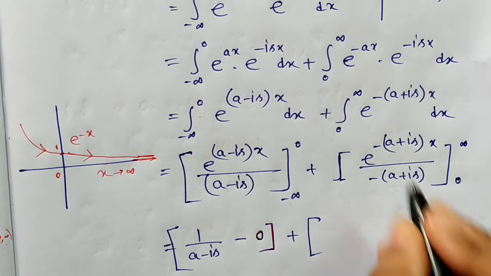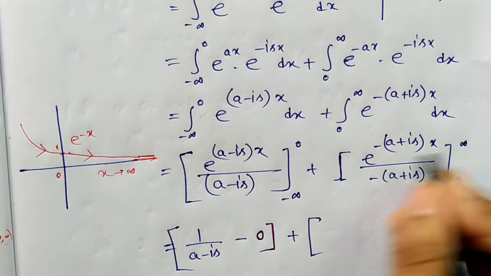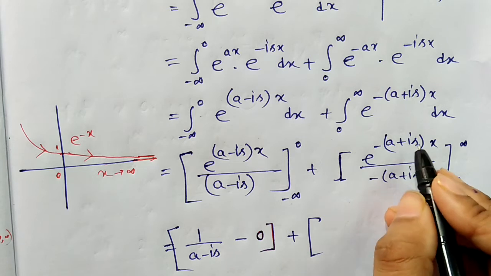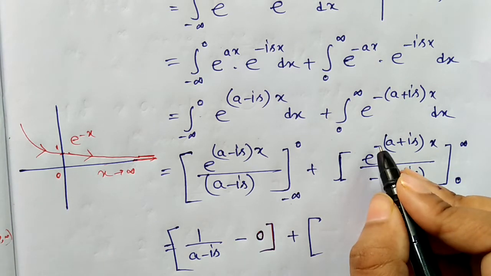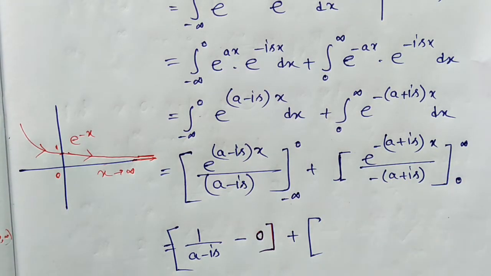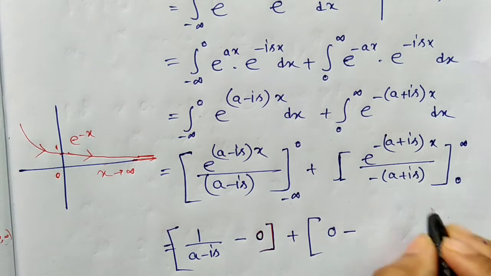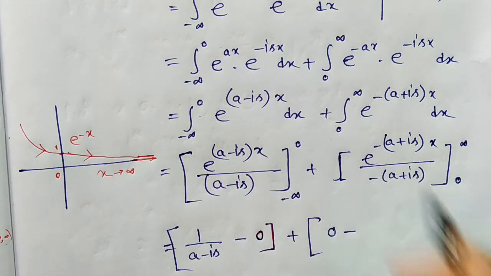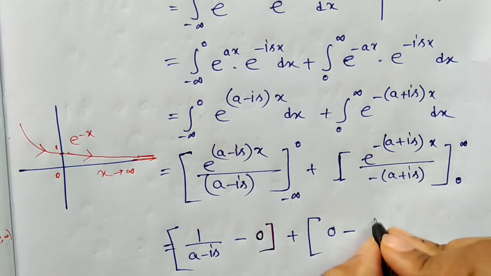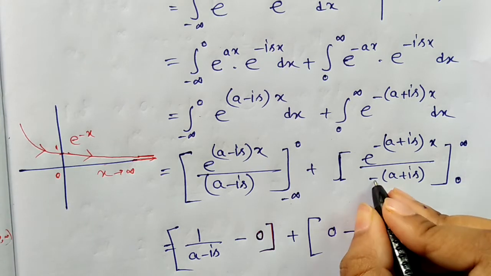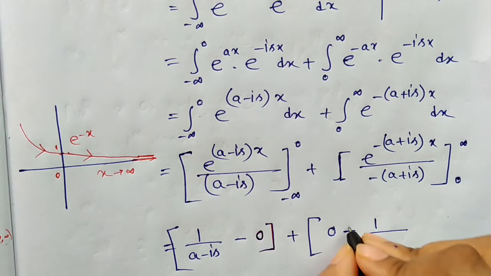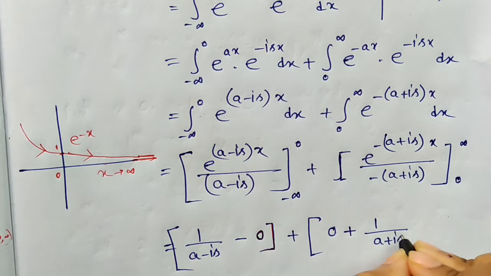Now again, e to the power minus infinity tends to 0, so 0 minus, now e to the power 0 is 1, so 1 by minus (a plus is), so minus minus plus, 1 by (a plus is).